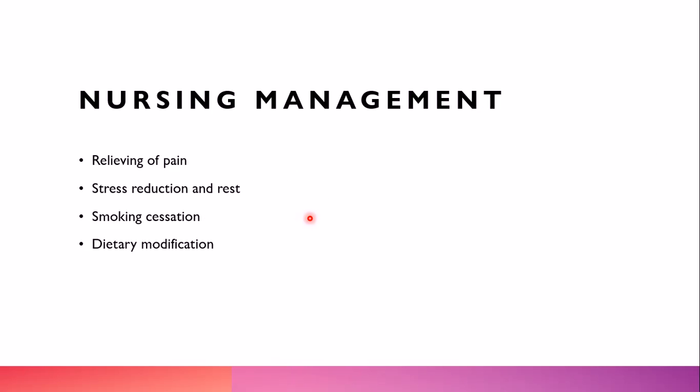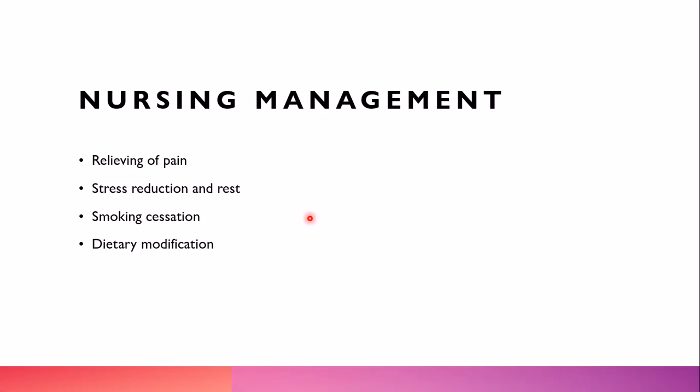In nursing management, we are going to give more stress to relieving the pain, because pain is going to be severe for the patient. So relieving pain is our ultimate goal.